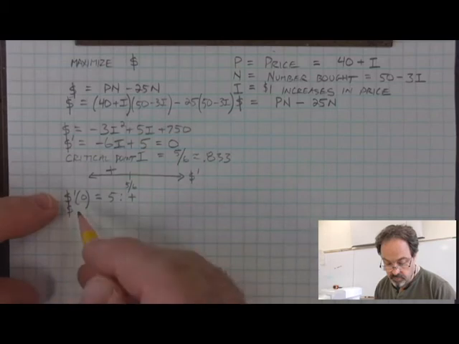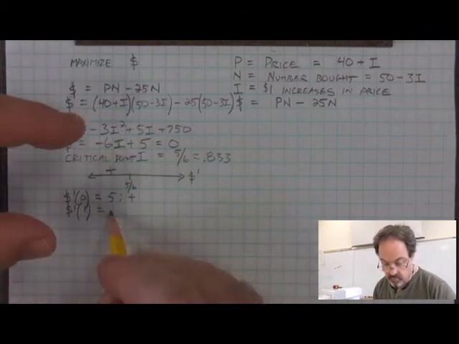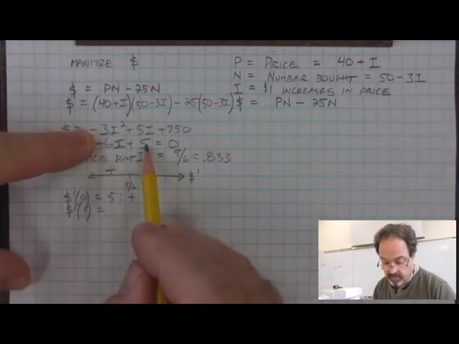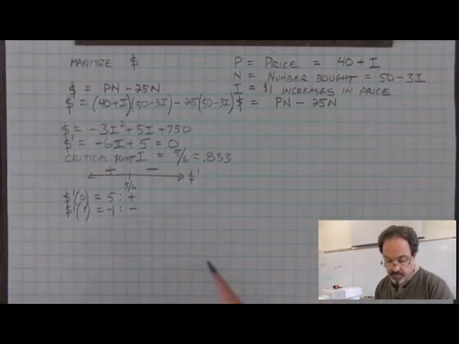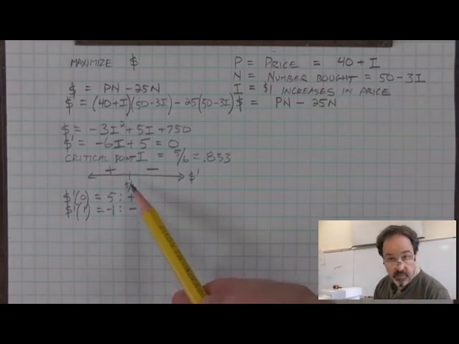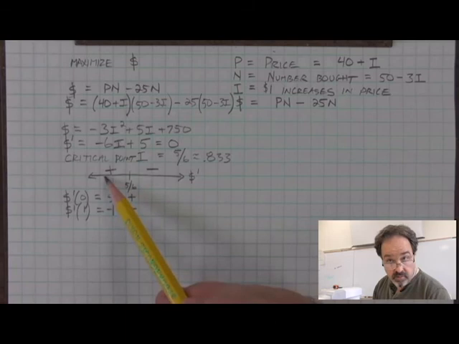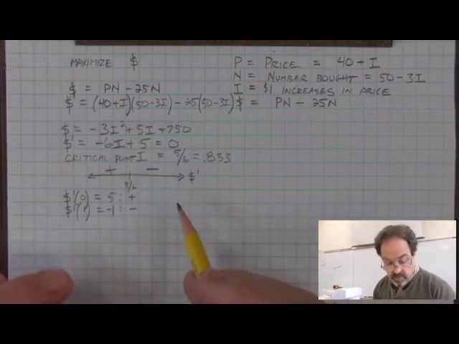And I want to show sometime after 5/6, or the derivative at 1, which is putting 1 in, and the negative 6 will then have a higher magnitude than the 5, giving me a derivative at 1 of negative 1, which is negative. And I've shown that at the critical point, the derivative has changed sign from positive to negative. It was increasing, reached a maximum, and then decreased afterwards.